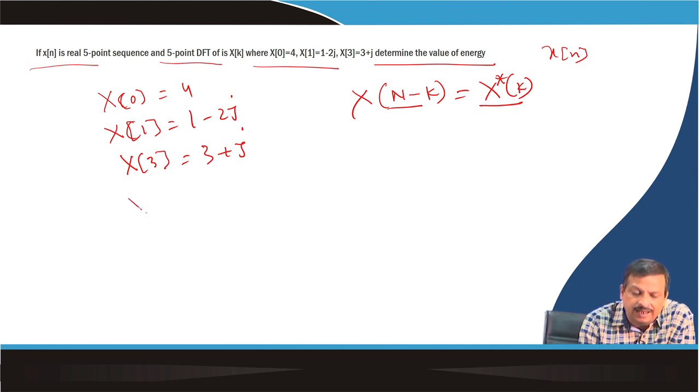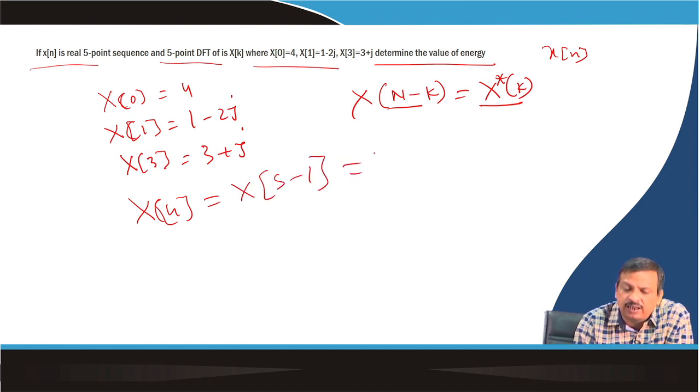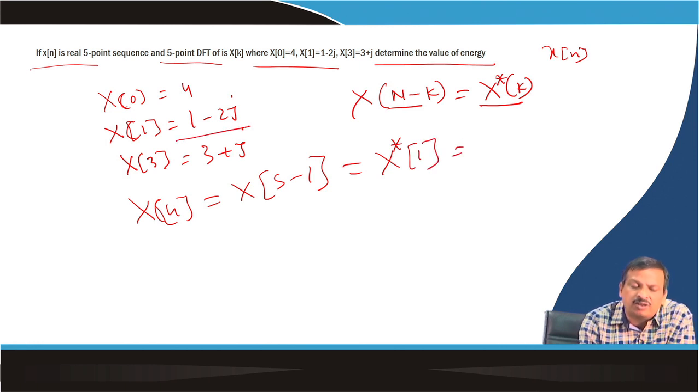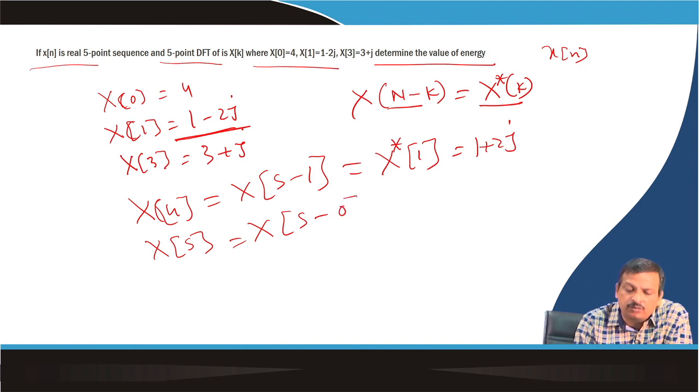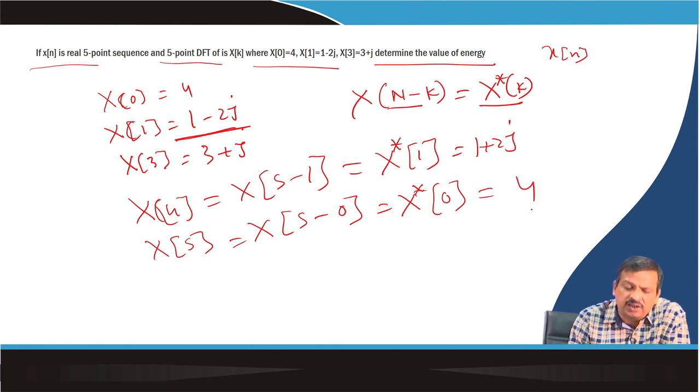So, X of 4 can be represented as X of 5 minus 1, which is nothing but the complex conjugate of X of 1. If X of 1 is 1 minus 2j, then the complex conjugate is 1 plus 2j. X of 5 is X of 5 minus 0, again 4, so I do not require it.